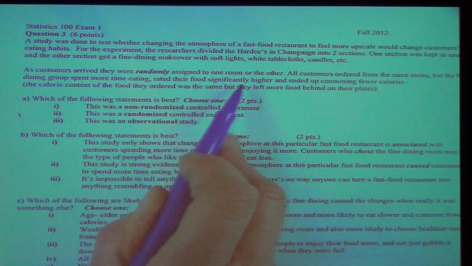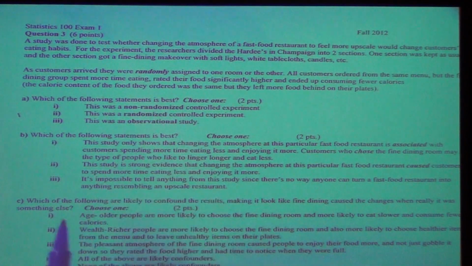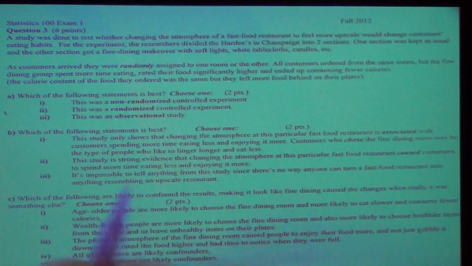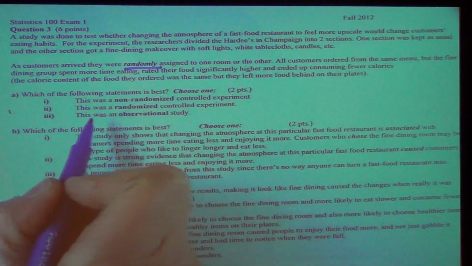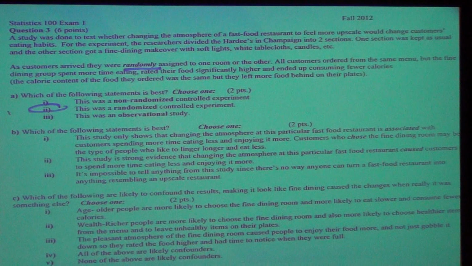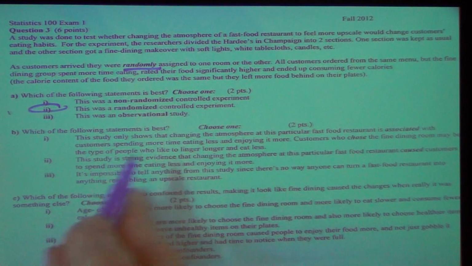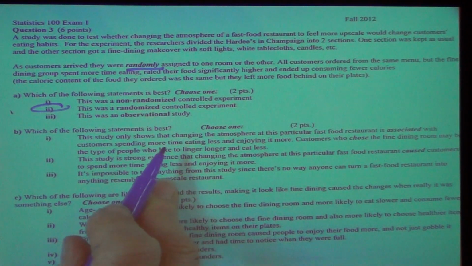Oh yeah, they did rate their food significantly higher. So which of the following statements is best? Which one would you circle? Well, right away, you should notice this says random here. So aren't you going to circle randomized? Which of the following statements is best?